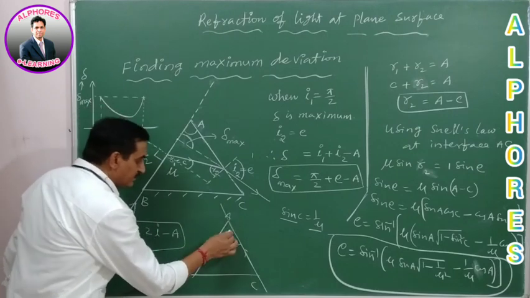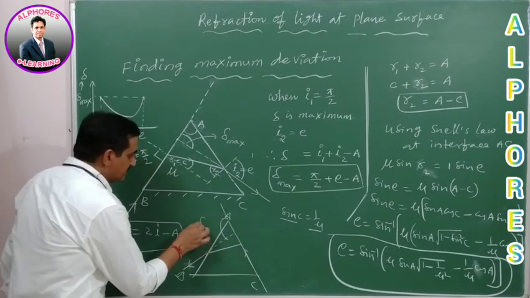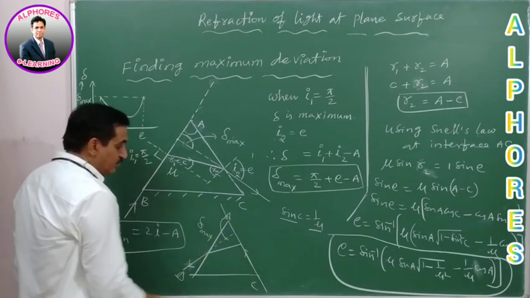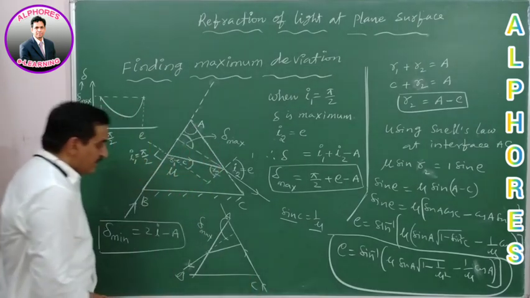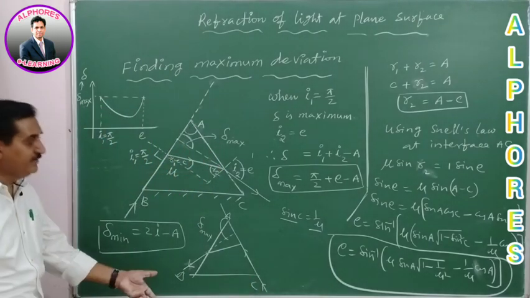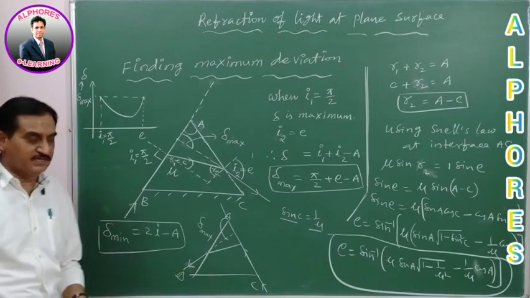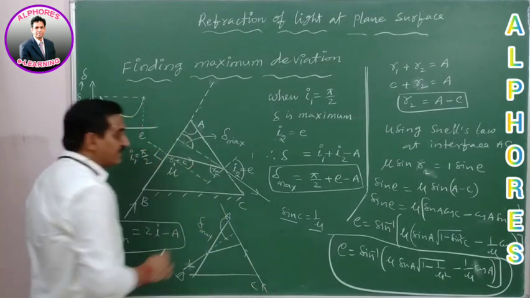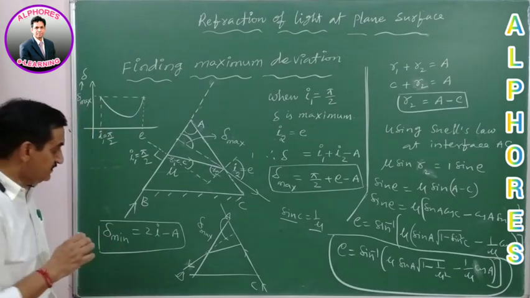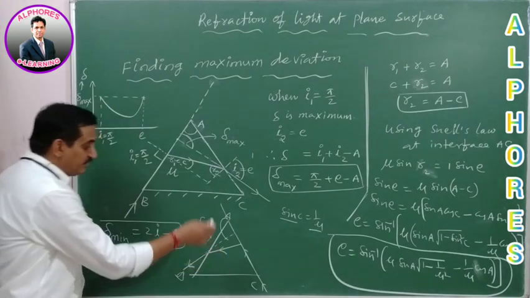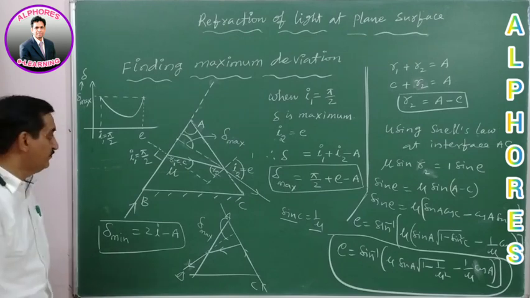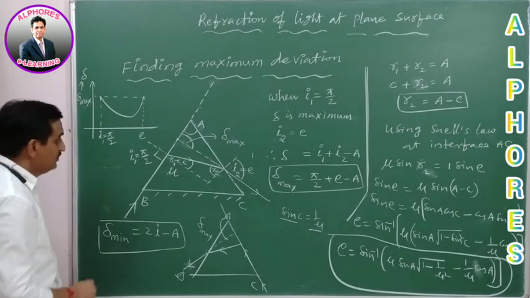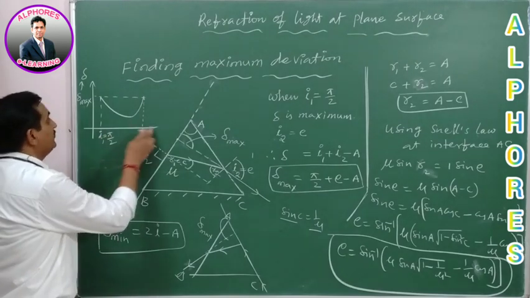Here the angle of deviation is also maximum. So what we have done here is, by the law of reversibility, we are reversing that light and imagining that light is grazing incident on the second refracting surface, then the same kind of refraction takes place, by which we are getting the graph, and this will be reversed.